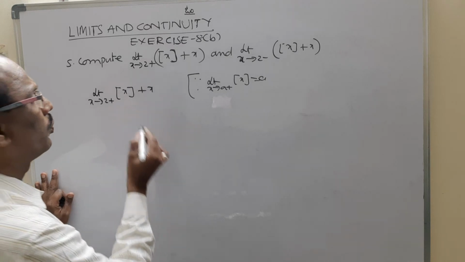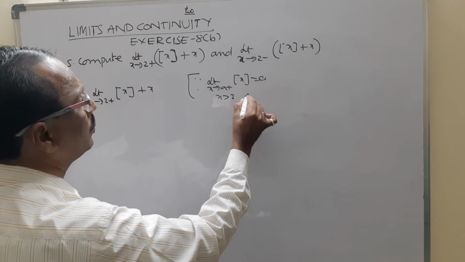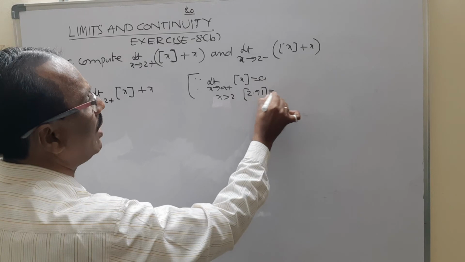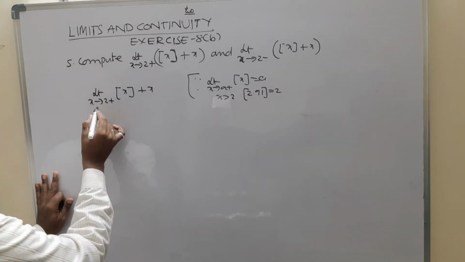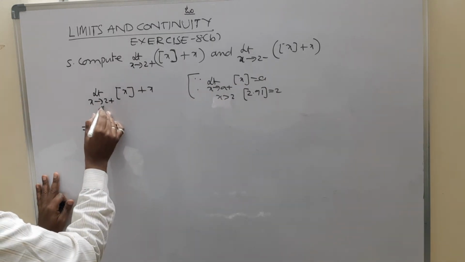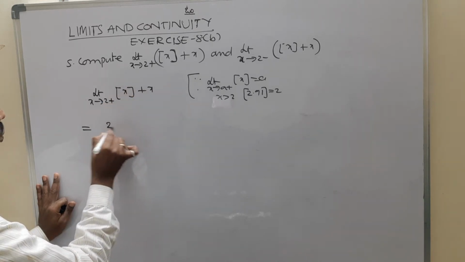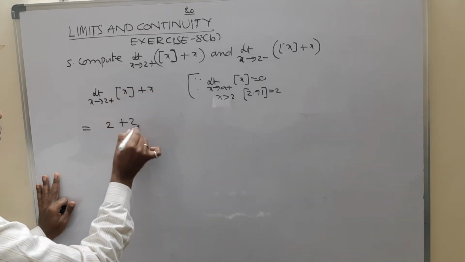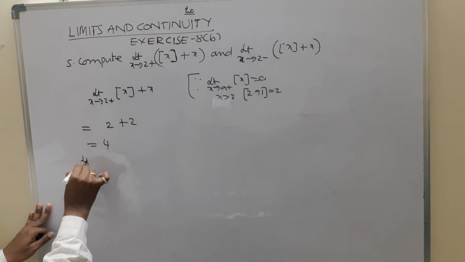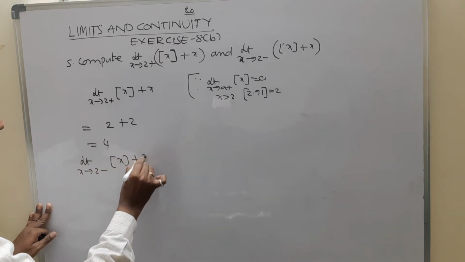Here x tends to 2 plus means x greater than 2. If we take, suppose, box of 2.91, this value is 2. Limit x tends to a plus of box x is a. In this question, box x at 2, the x value is also 2. 2 plus 2, 4.